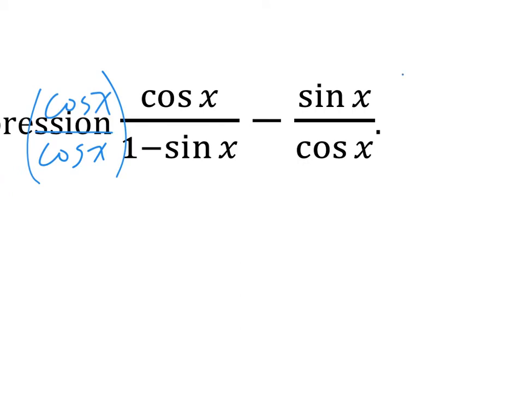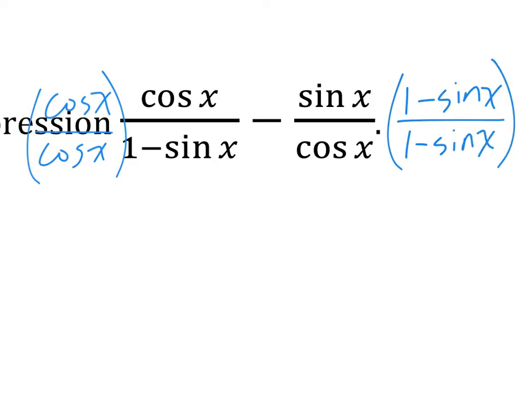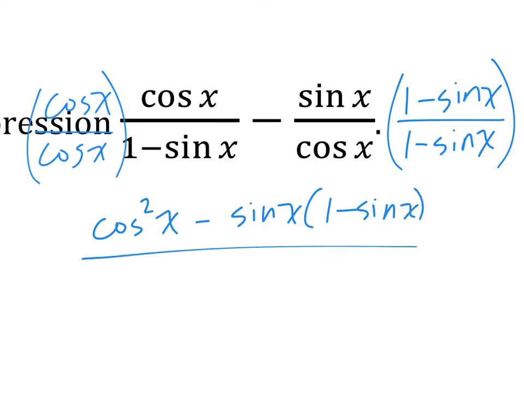I try something, and as long as I try something, even if it doesn't work, at least I tried something, and then I can try something else. You don't always get to the right answer right away, okay? And that's okay. This is cosine x minus sine x times 1 minus sine x over cosine x times 1 minus sine x. That looks very crazy.